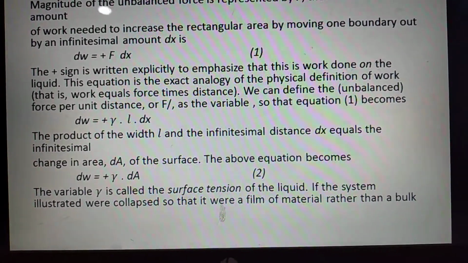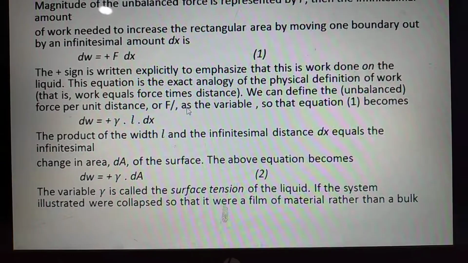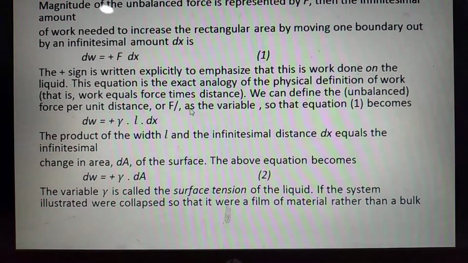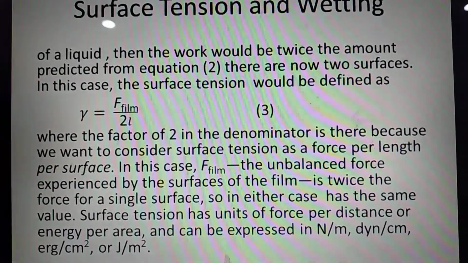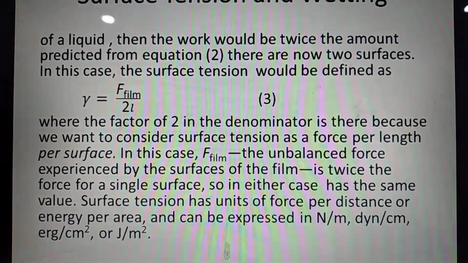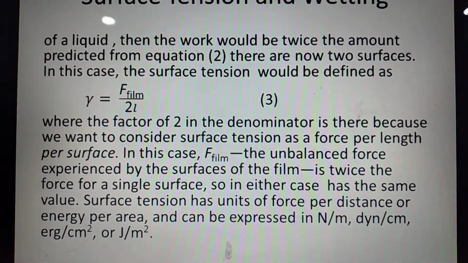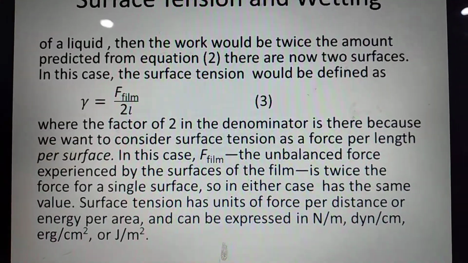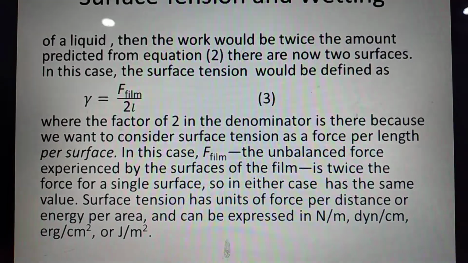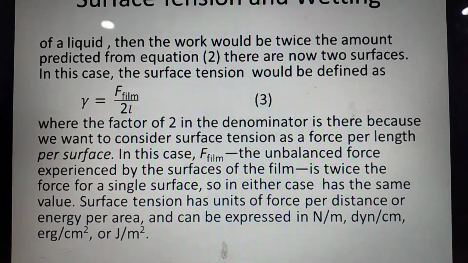If the system were a film of the material rather than a bulk liquid, then the work would be twice the amount predicted from equation 2, because there are now two surfaces.